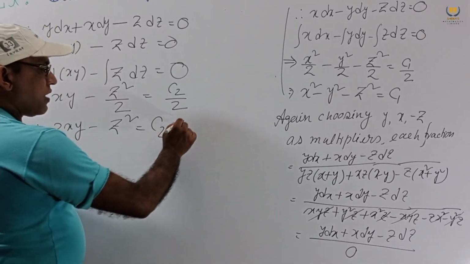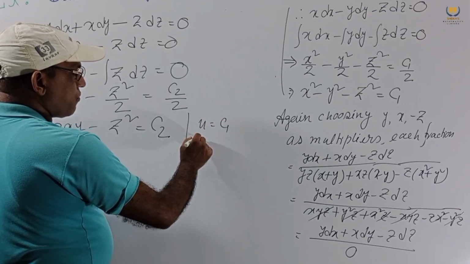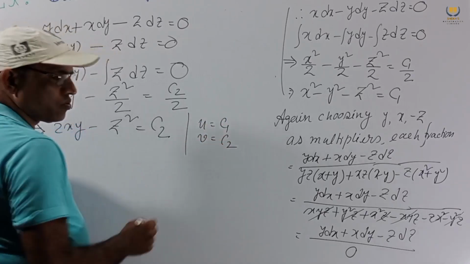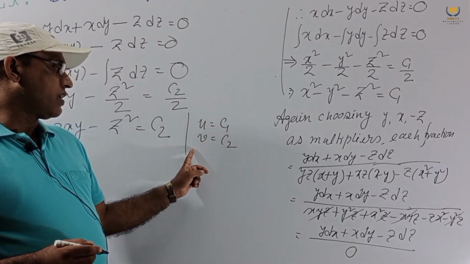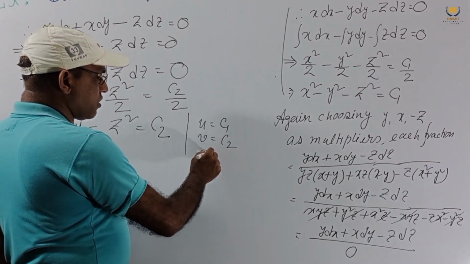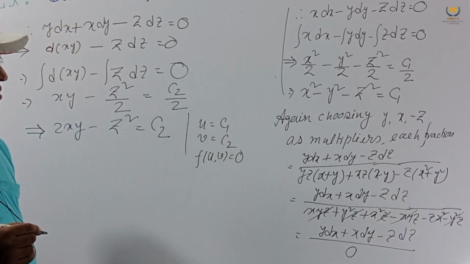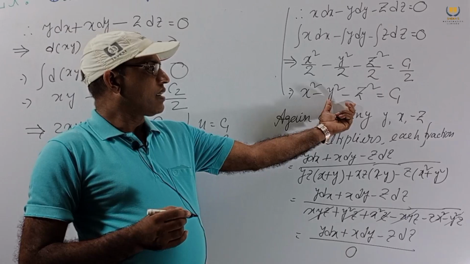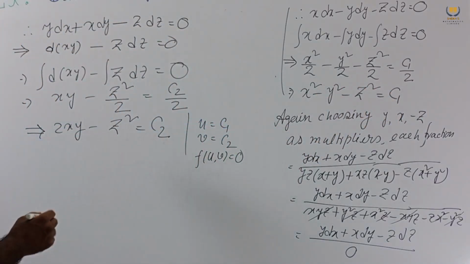But you know this formula: if u equals c1 and v equals c2 are two solutions, then the required solution will be f of u, v equals 0. So this is our u equals c1 and v equals c2.